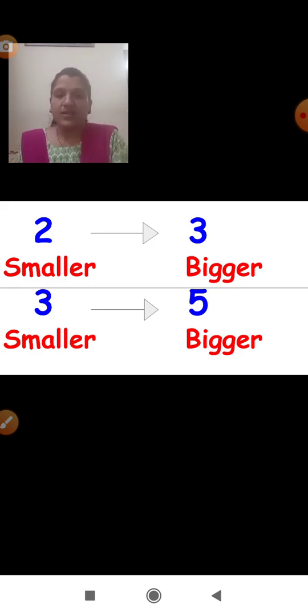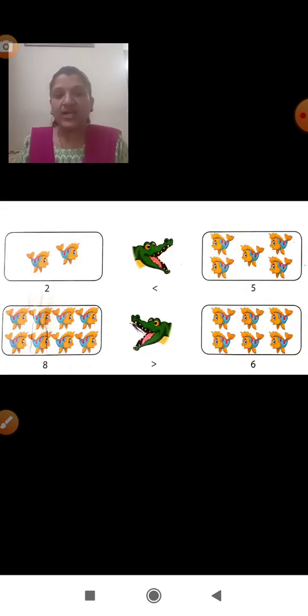Good. Now let us move to the next concept, more or less. Do you remember this? Let us see this picture. See here, when there are objects in two groups and the number of objects in both the groups is not same, then we call it as more than or less than, right?